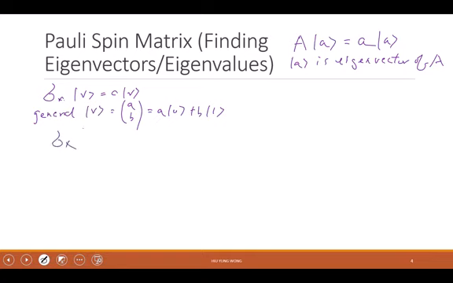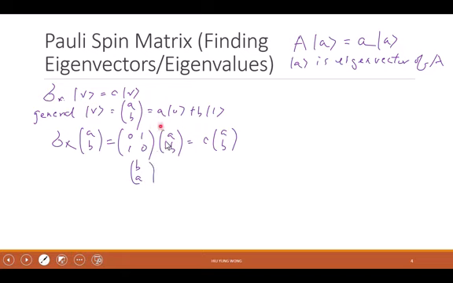Then sigma x times (a, b) equals (0 1; 1 0), which is given, times (a, b) equals a number times (a, b). So you do a multiplication, it becomes (b, a), because 0 times a plus 1 times b equals b, and 1 times a plus 0 times b equals a.